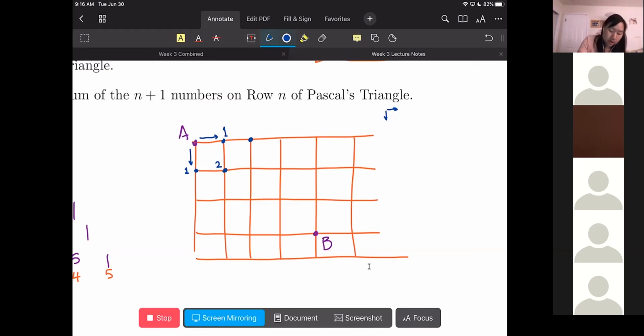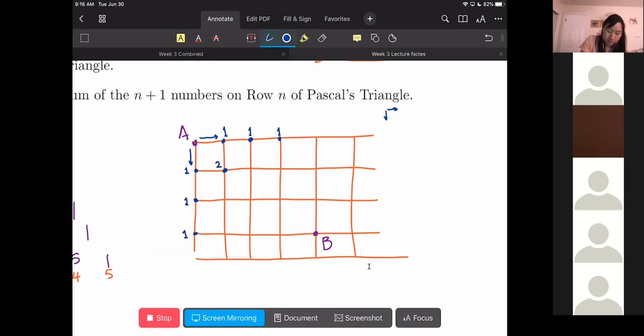So you actually can't move from the 2 to this point, because you can only move right or down. There's only one. And similarly here, there's only one. Remember, we can only move right or down. So from the 2, you can't get there. And for this one, it's also 1 because you can only move right. For this one, there's only 1.